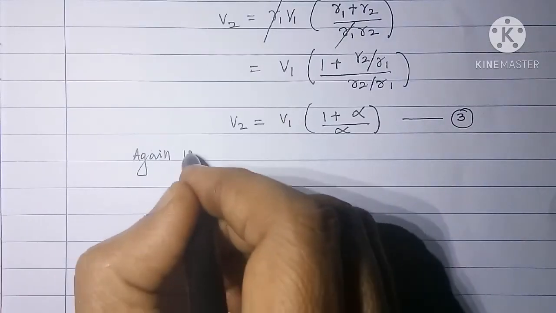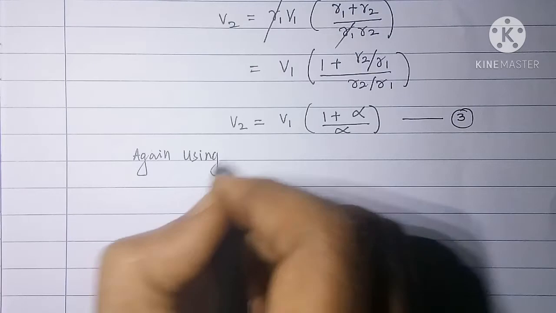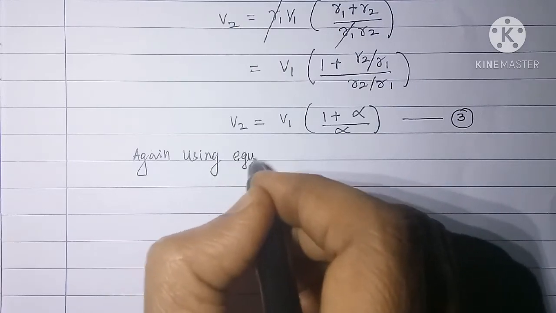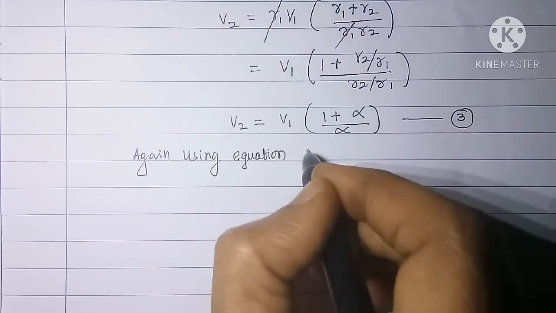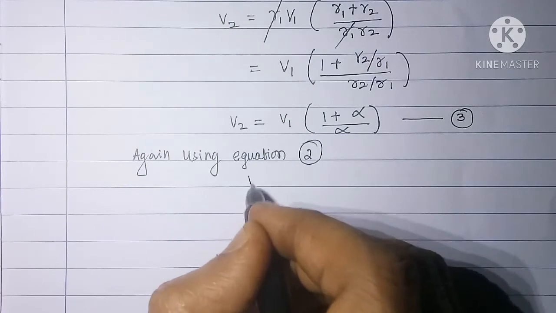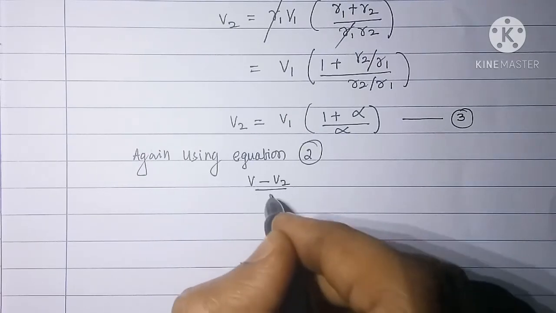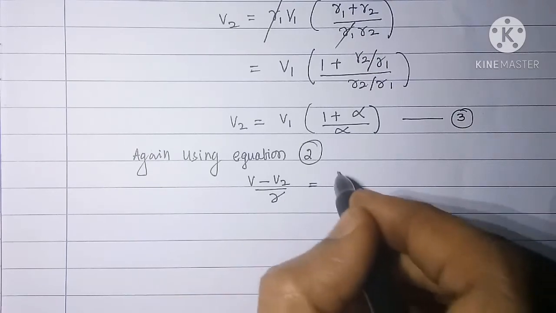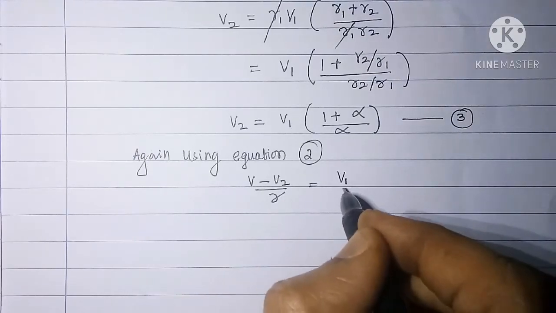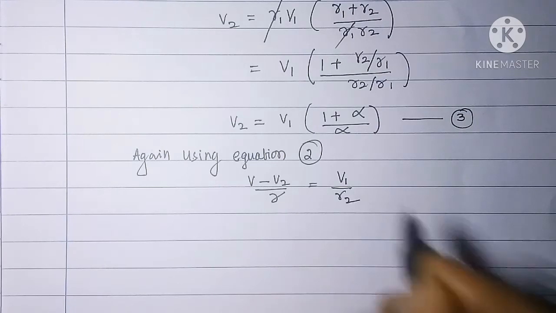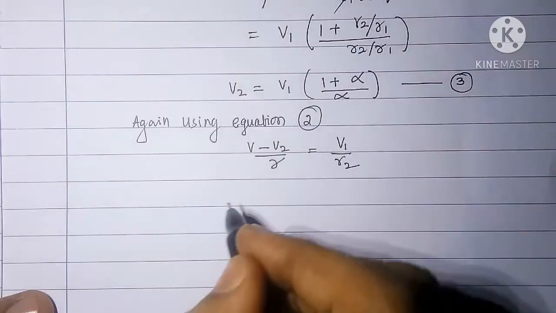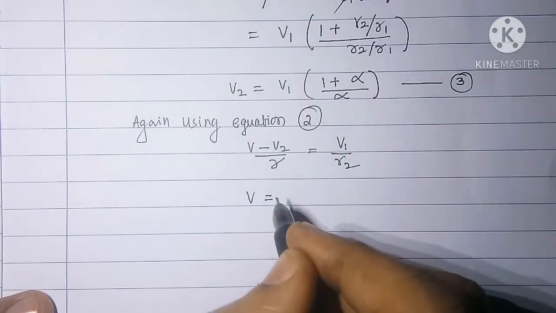Again using equation 2, (V minus V2) by R equal to V1 by R2.